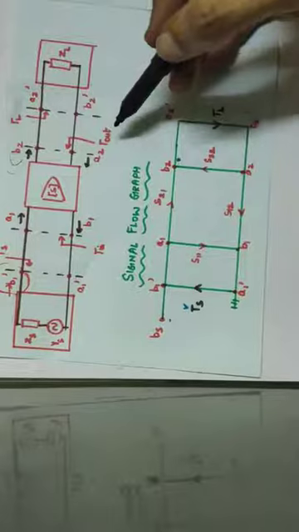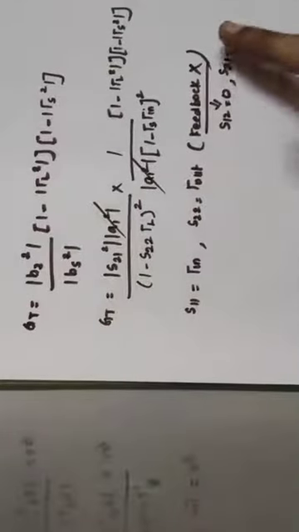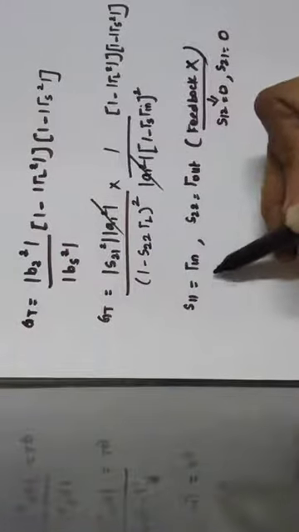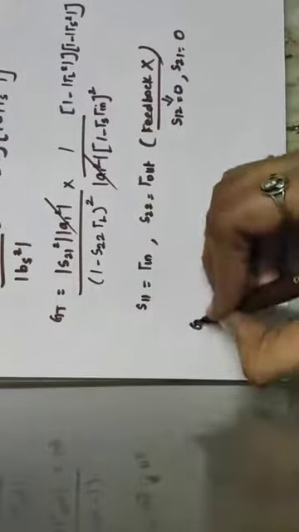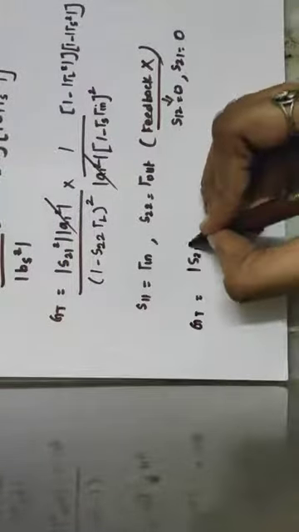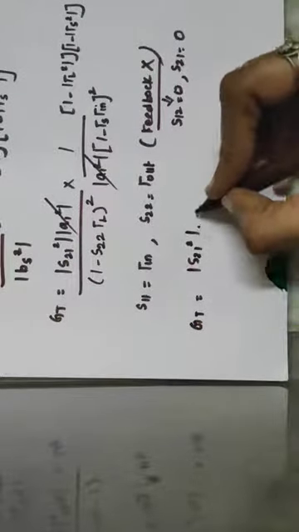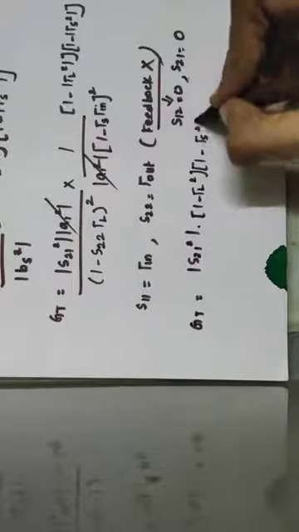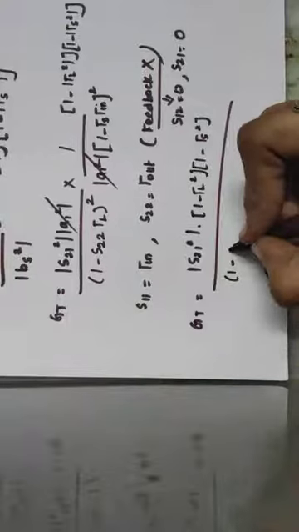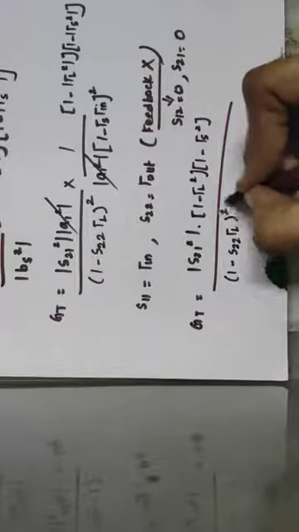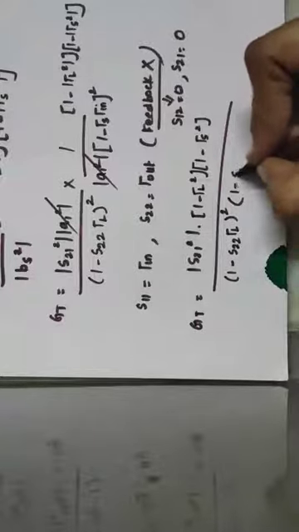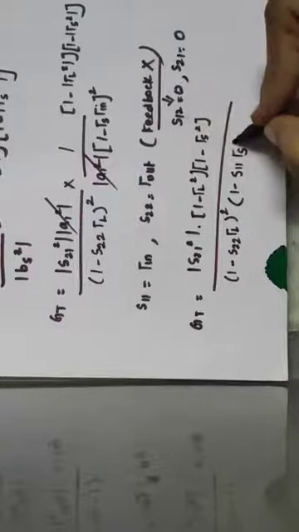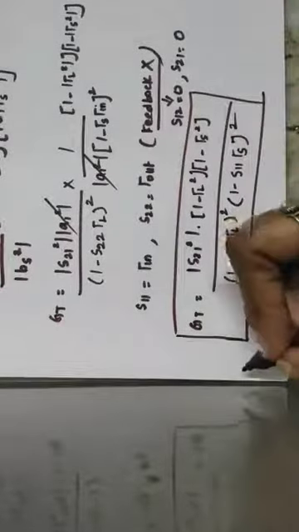But this is only true when feedback is absent. So assuming feedback to be 0, let us substitute S11 in place of Γ_in and S22 in place of Γ_out. Therefore we get the GT formula equal to |S21|² into (1 minus |Γ_L|²) into (1 minus |Γ_S|²) divided by |1 minus S22 Γ_L|² into |1 minus S11 Γ_S|².